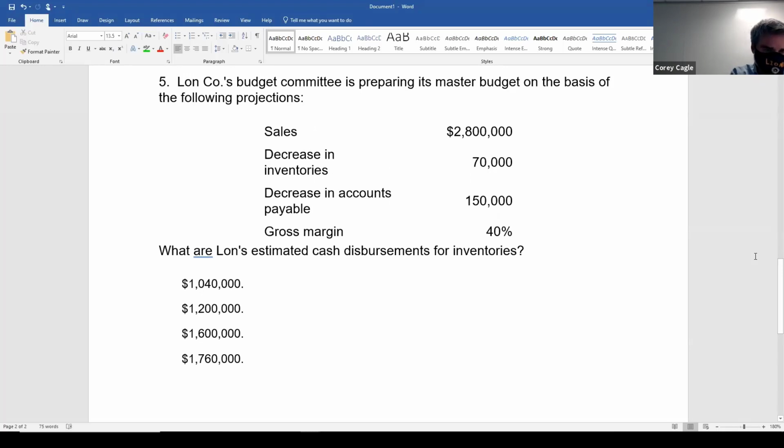So what do we know? We know that we need to figure out what they had to pay for inventories.